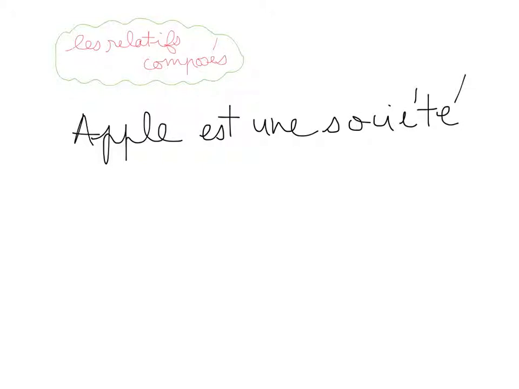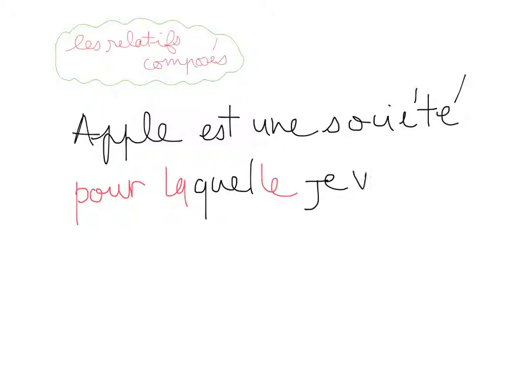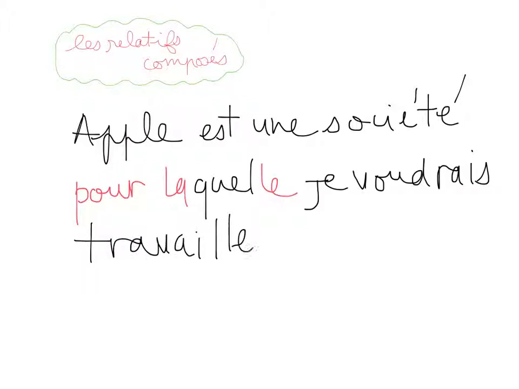Apple est une société pour laquelle je voudrais travailler, right? Apple is a company I would like to work for. See, so in French, the pour does not go at the end of the sentence. The pour will go right here.